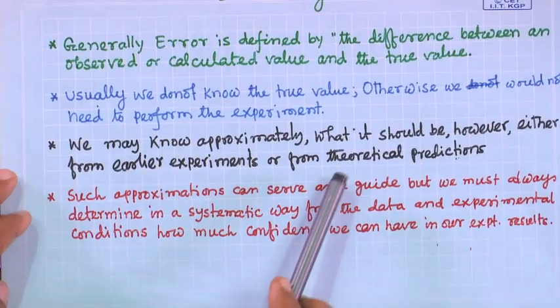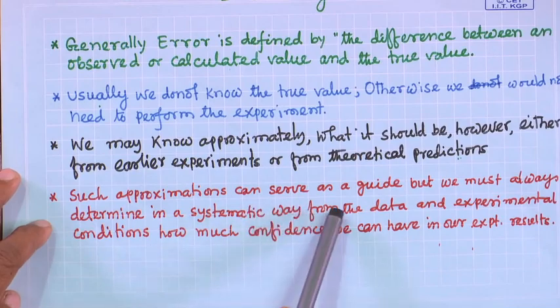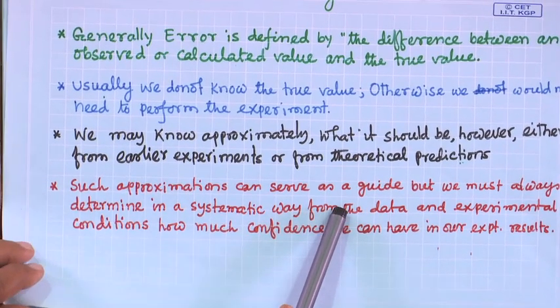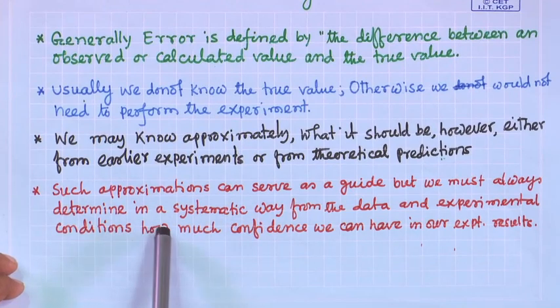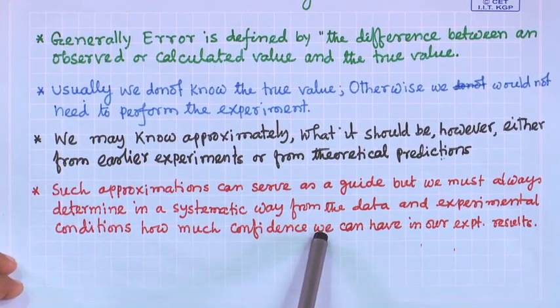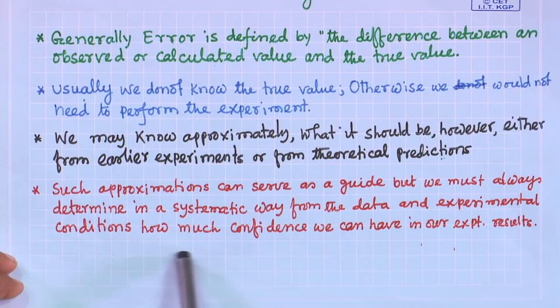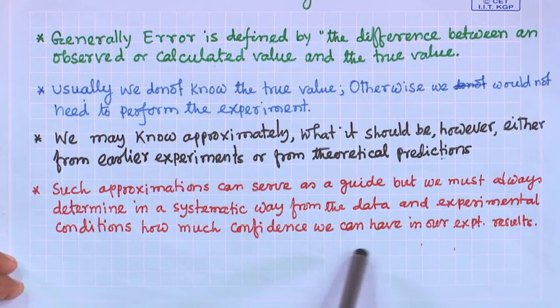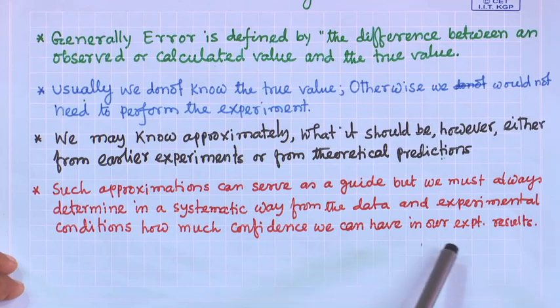That way we check our result against available values from theory or other experiments. Such approximations can serve as a guide, but we must always determine in a systematic way from the data and experimental conditions how much confidence we can have in our experimental result.